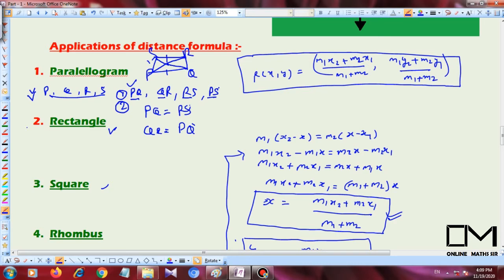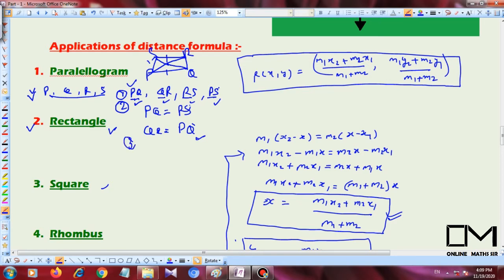Next, how to prove a rectangle? In this case, you also find the lengths of all four sides PQ, QR, RS and PS by using the distance formula. Then check whether PQ equals RS and QR equals PS. If this condition is satisfied, it proves a parallelogram.